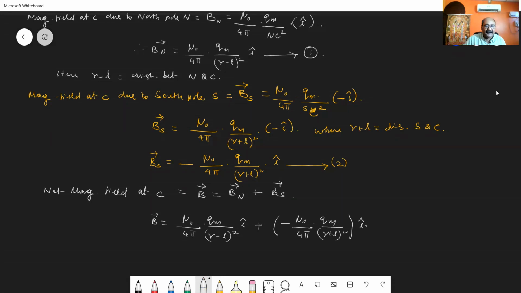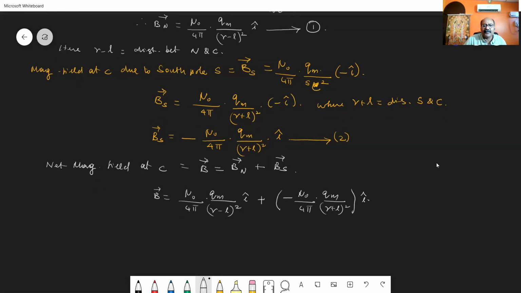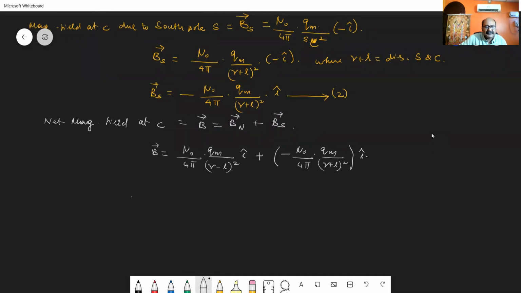Now on simplifying this, what can we write? See, step by step, let us move on. B vector equal to mu 0 divided by 4 pi into Qm by R minus L the whole square into I cap plus minus of mu 0 divided by 4 pi into Qm by R plus L the whole square into I cap. Isn't it?